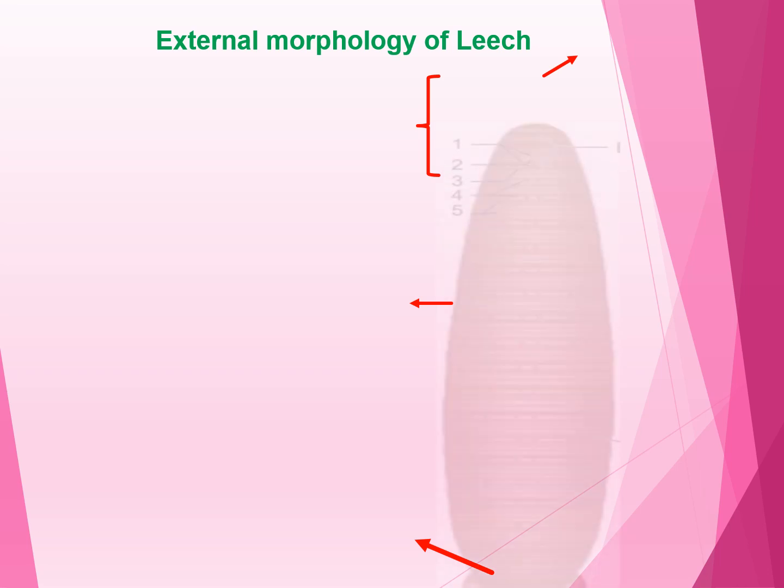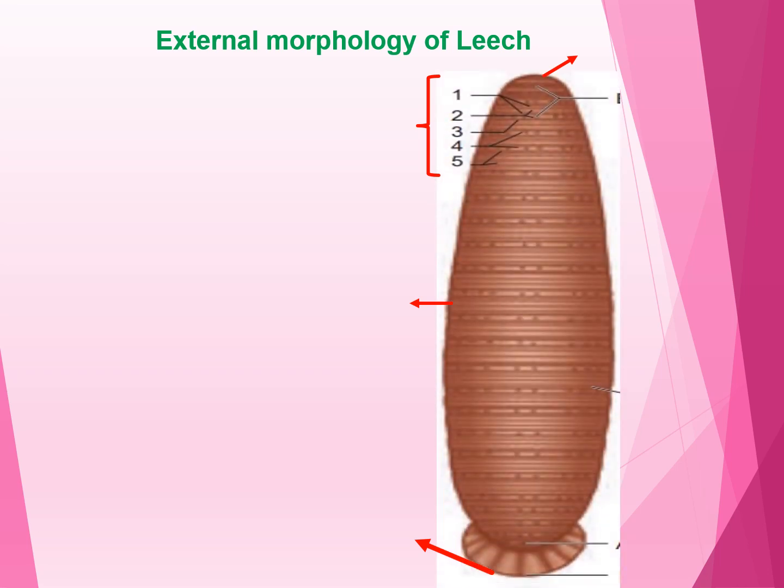External morphology of leech. External morphology means outside appearance, the leech's shape and size. The body of leech is soft and vermiform. Vermiform means worm-like structure.